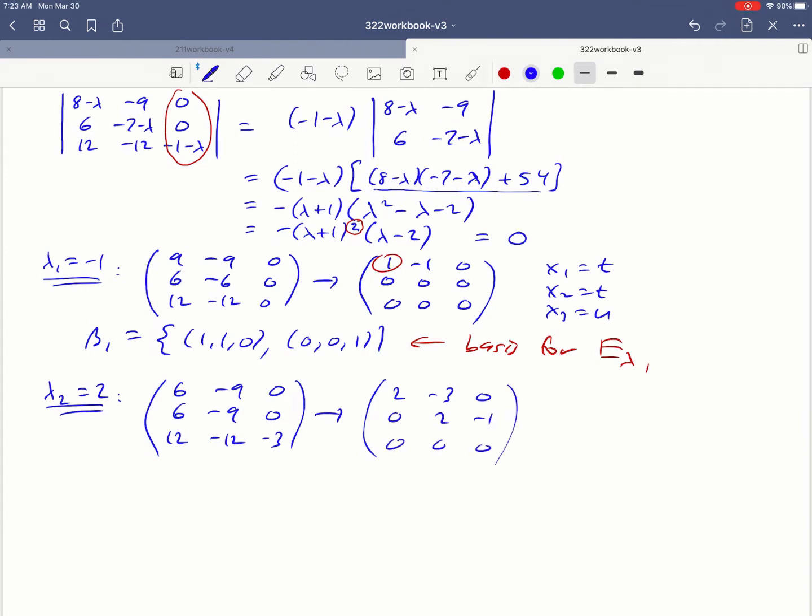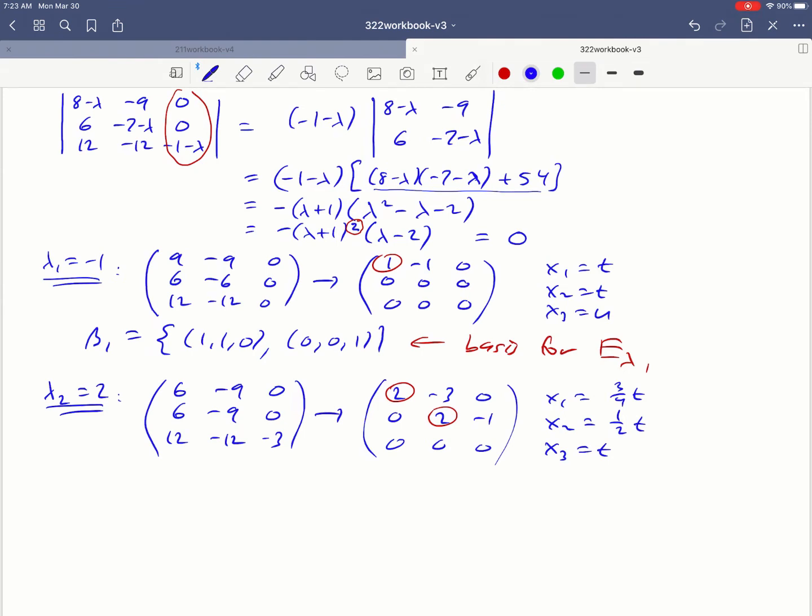Notice this time, two pivot positions, so we've only got one free variable, and it's x3. There's a little algebra to do here. This matrix is not so nice, so I'm going to just show you what you wind up with for x2 and x1, and you can do these calculations on your own and confirm that what I'm doing here is correct. We get 3/4 t for x1 and 1/2 t for x2.